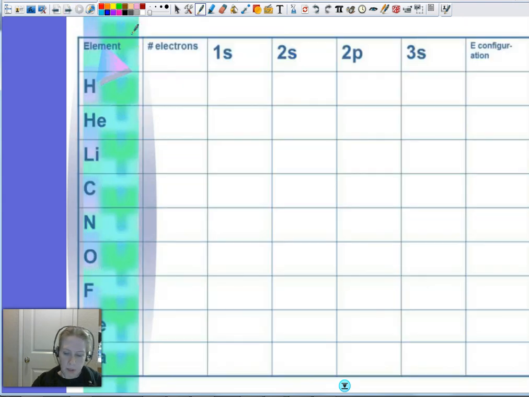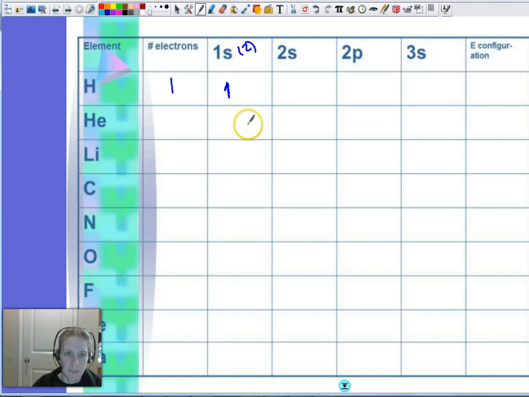Now when we wrap all this together, we can do our valence electron configuration. So hydrogen has 1 electron. Remember, the number of protons equal the number of electrons, and the number of protons equals the atomic number. Our 1s orbital can hold 2 electrons total, but I only have 1.